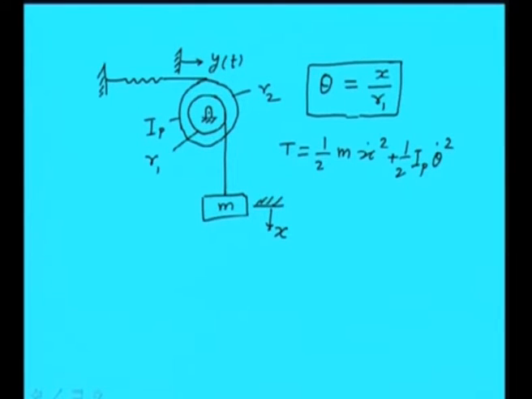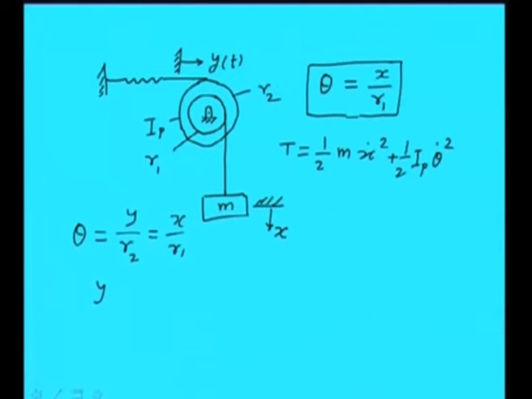So how are y and theta related? On the same lines, we can write theta is equal to y by r2, the radius of the outer circle, because the cord coming from the spring is attached to the outer circle, and as we already saw, this is equal to r1 also.